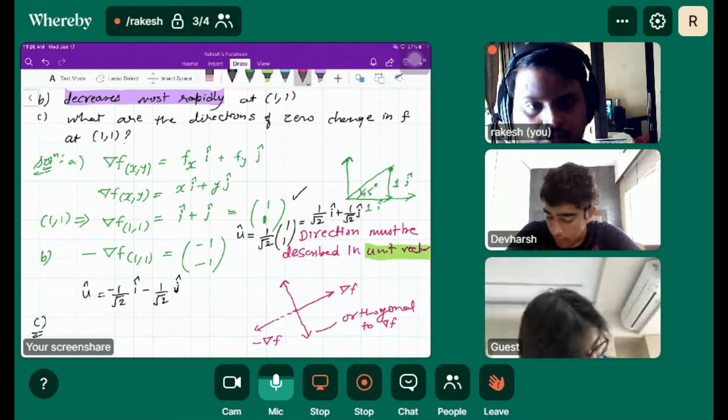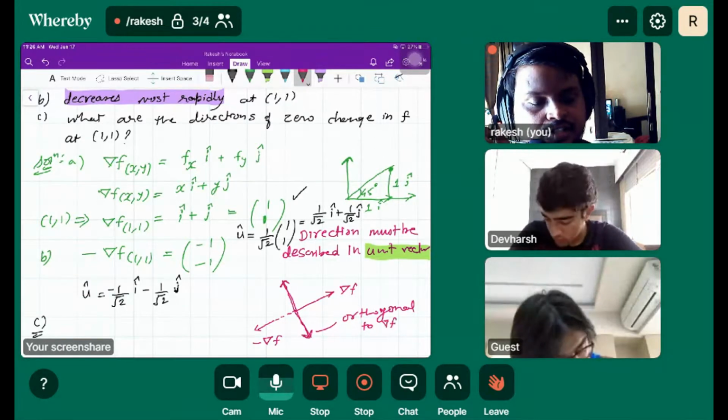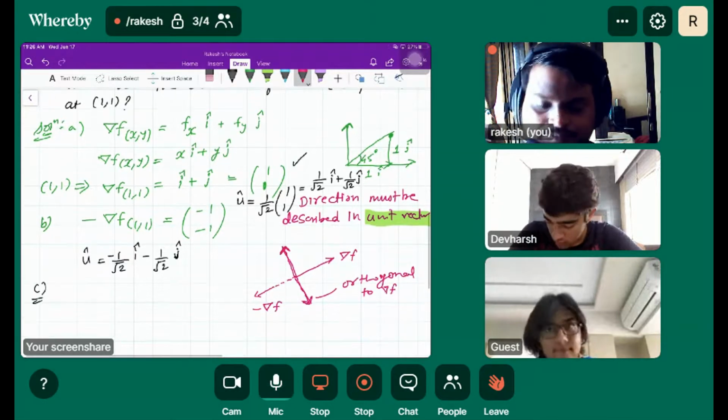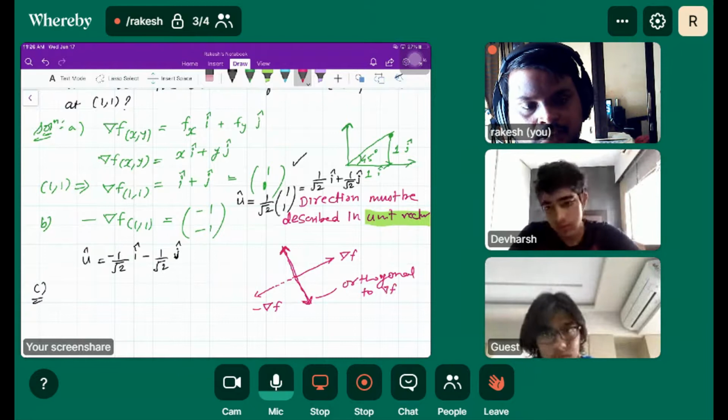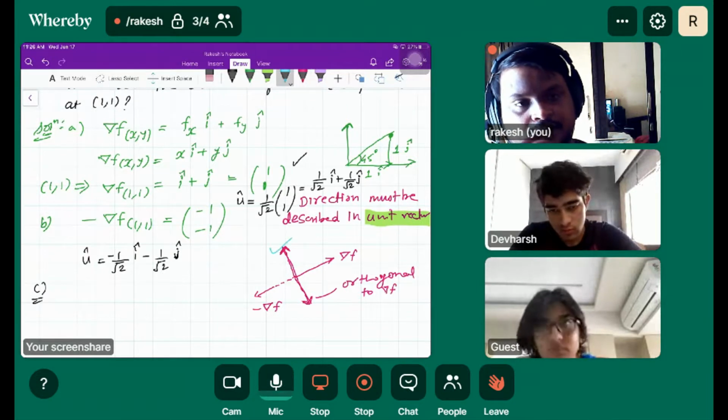So these are two directions in which the change is zero. So what are these two vectors? How would you represent these two vectors?